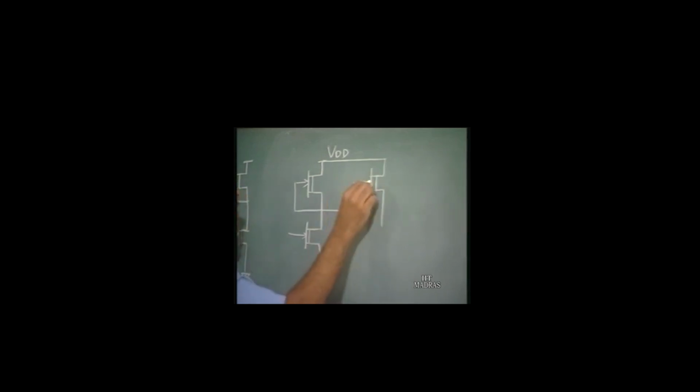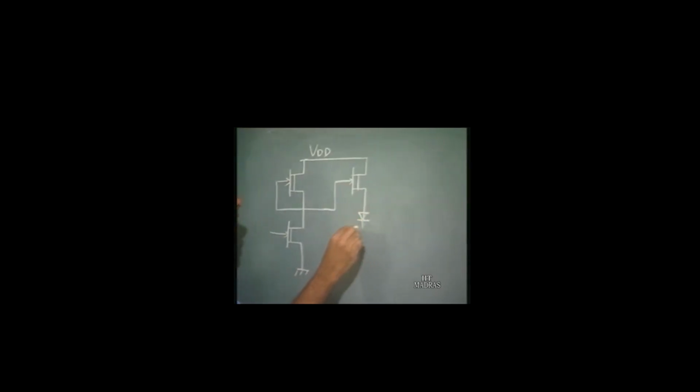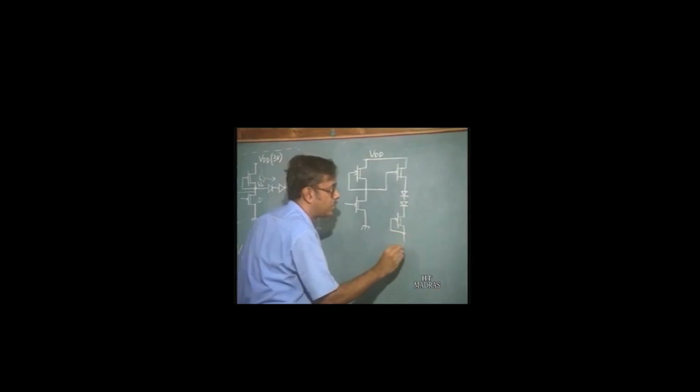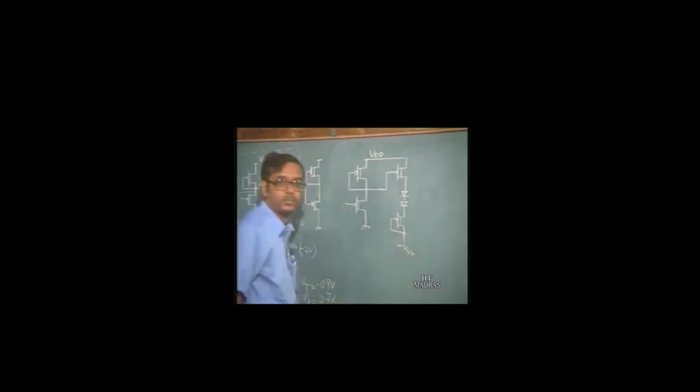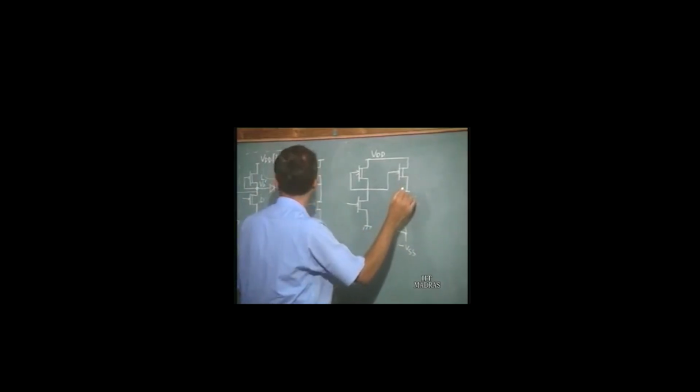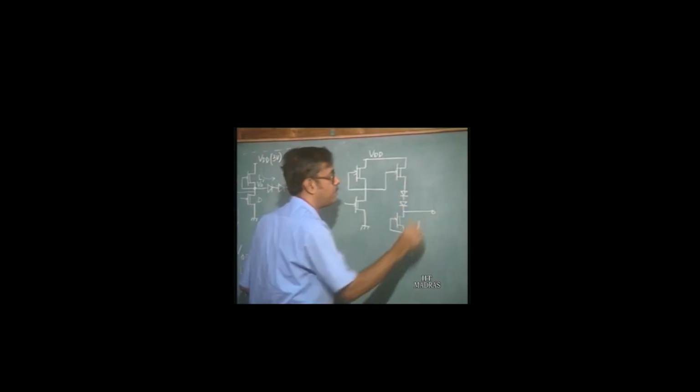This output goes into the gate of this transistor, and then we have the two current diodes which are used for level shifting, and this is the pull down transistor whose gate to source is shorted, and this goes to minus VSS. Okay, and the output is taken from this point.